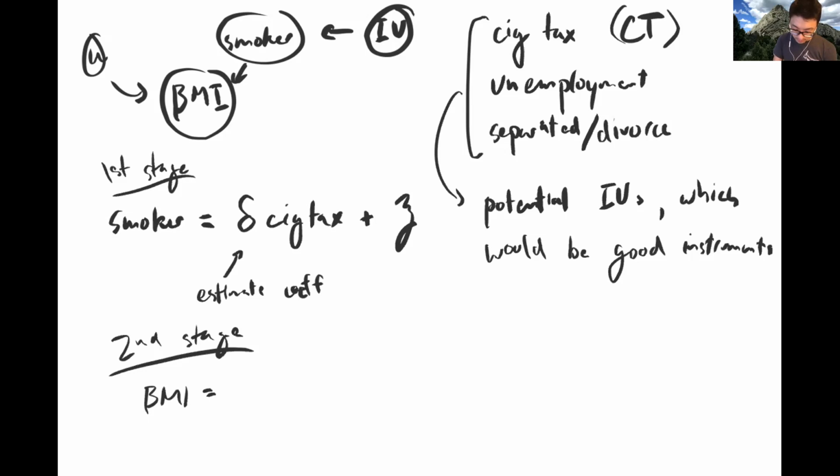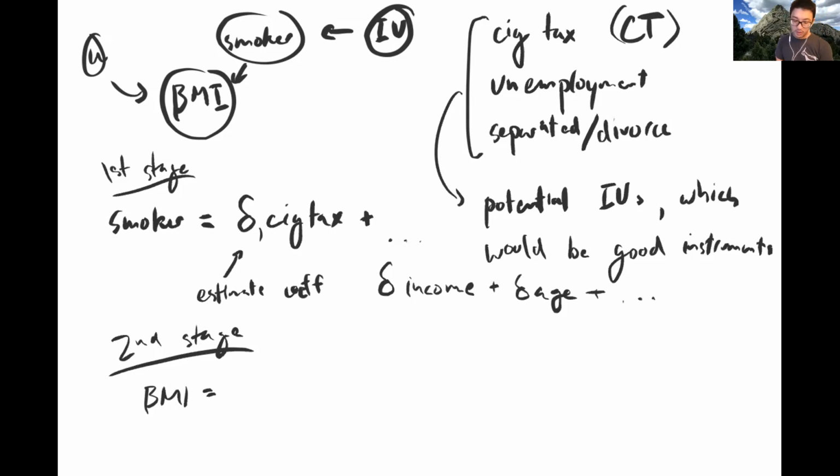actually here I have to, let me just plus delta of all of my other variables. I shouldn't write U because that's going to be confused with the unobserved. So this would be plus delta income plus delta age and so on and so forth.